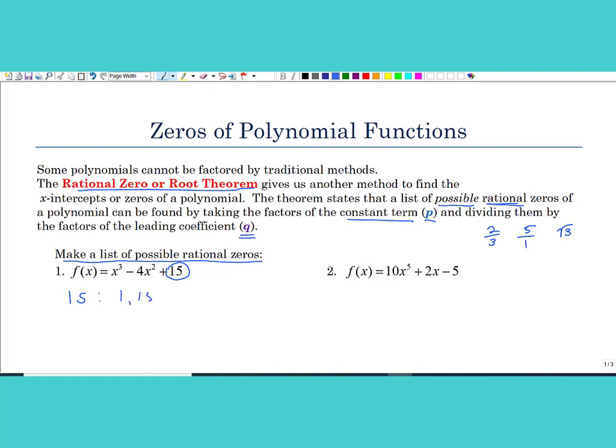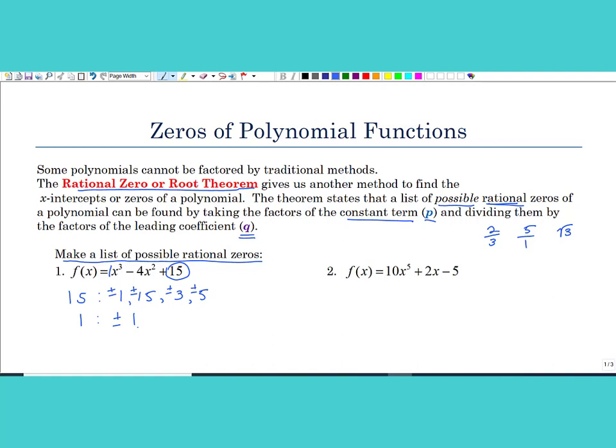Well, I know 1 times 15 and 3 times 5. But also, I could have some negatives, right? A negative times a negative could also be positive 15. So I want to list those as plus and minus. Then I need my leading coefficient. The leading coefficient would be 1, and the factors of 1 are plus or minus 1.